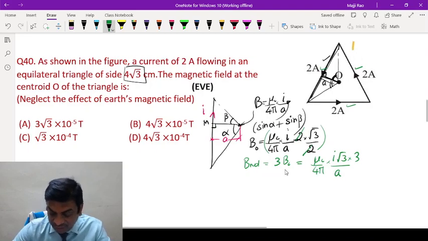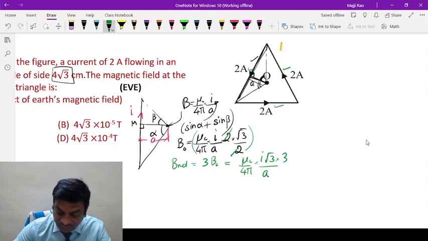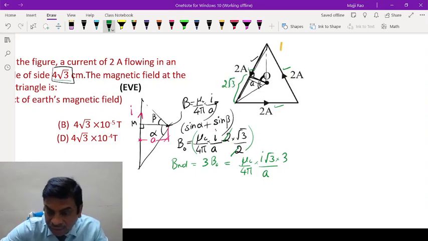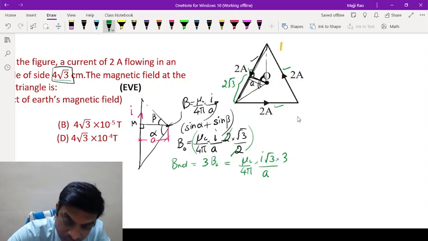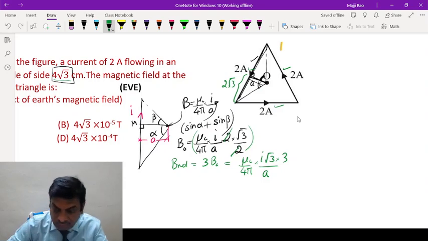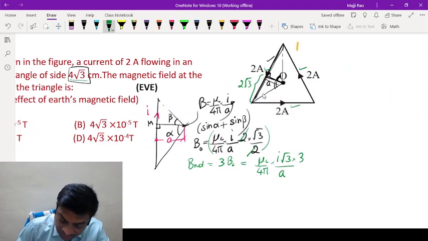Now we have to calculate A. As you can see, it's very simple to calculate it. This distance is half of the side, that is 2 root 3. And this angle is 60 degree, or this angle is 30 degree, either way you can do.